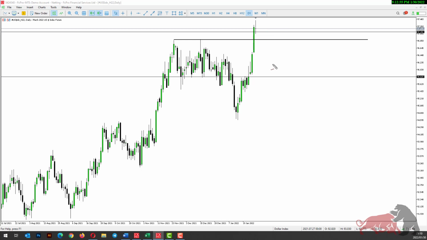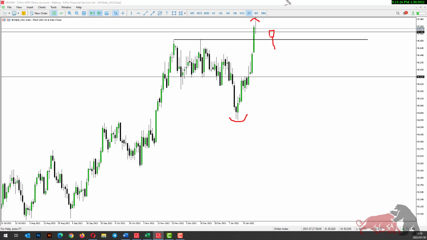Other than that, what you need to see is a break in structure to the downside, most probably price trading below but closing above. When that happens, your focus remains on this swing low to swing high.